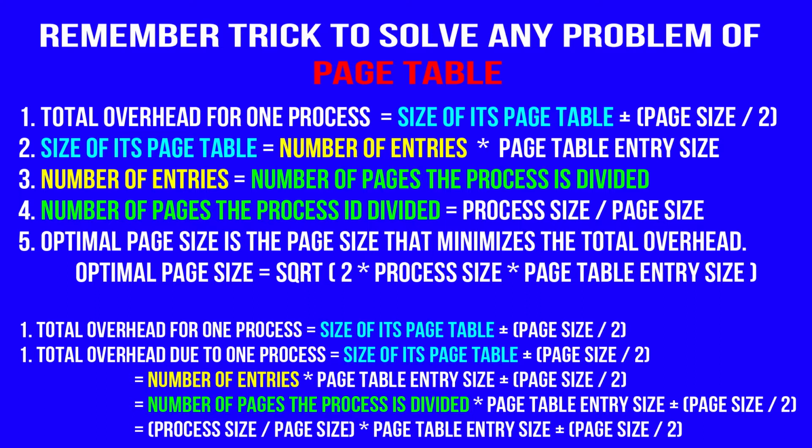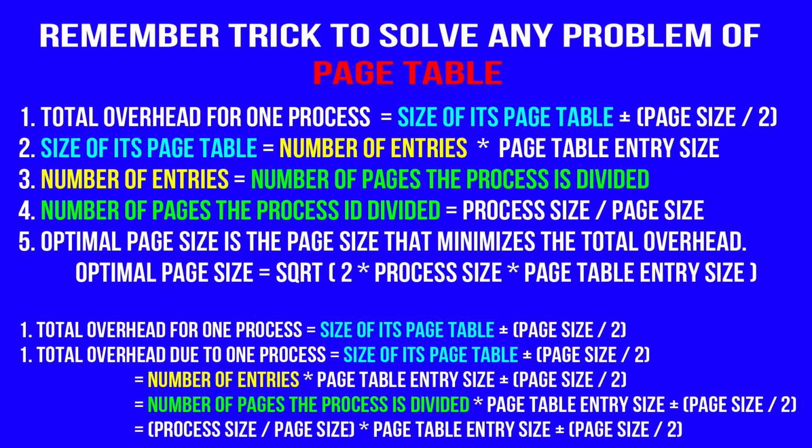Now let us elaborate all these formulas. How do you find the total overhead for one process? The formula is total overhead for one process equals size of its page table plus page size by 2. Size of its page table is already given: number of entries into page table entry size plus page size by 2.